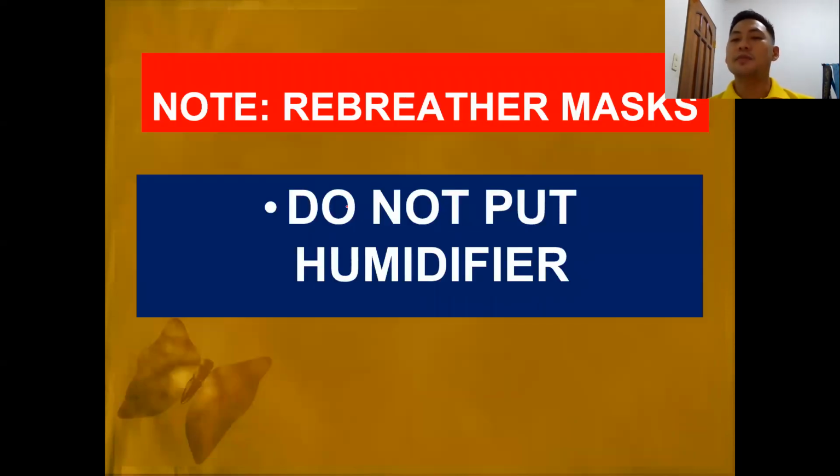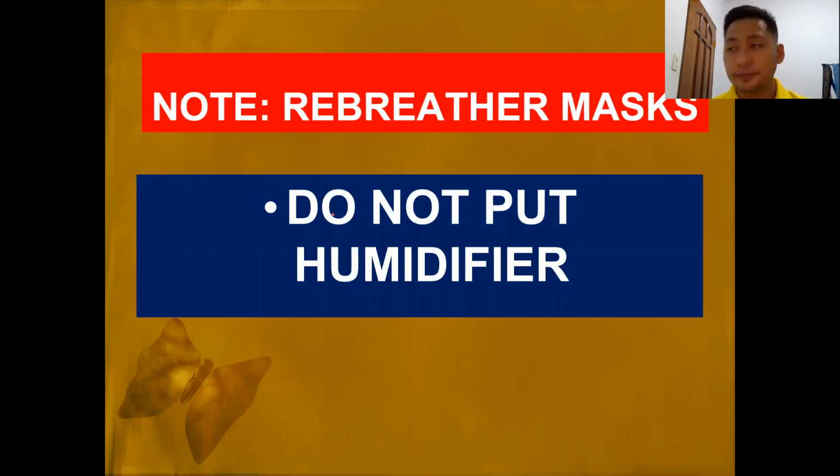And no, for a rebreather mask, either non-rebreather mask or partial rebreather mask, you do not put a humidifier. Why? Because the rate of oxygen administration is very high, 10 to 15 liters per minute.